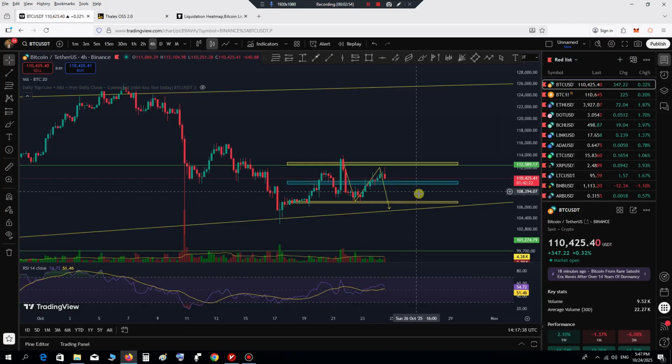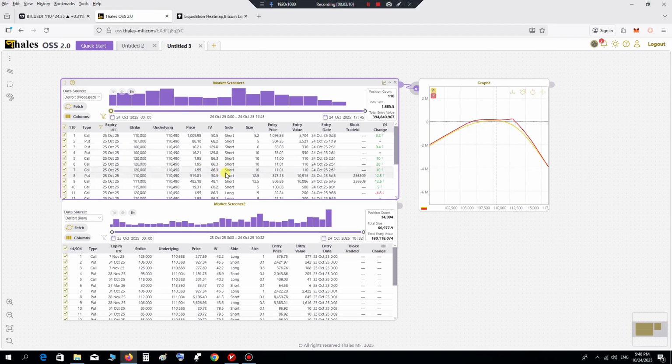Look, 107 here means this is the floor of the zone. Here, if the same volatility we've had so far continues, we can expect this kind of situation to persist.